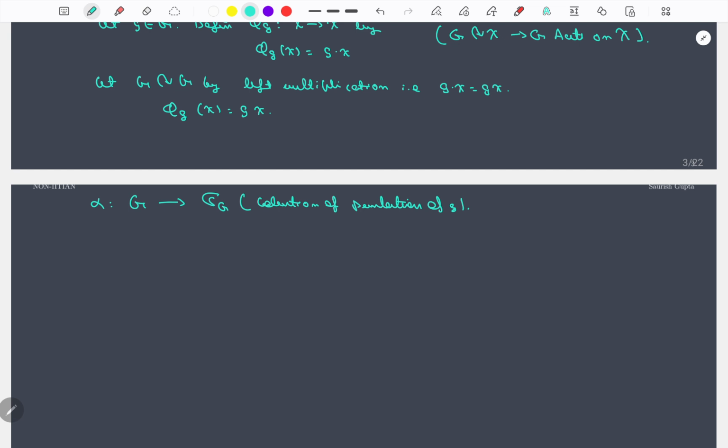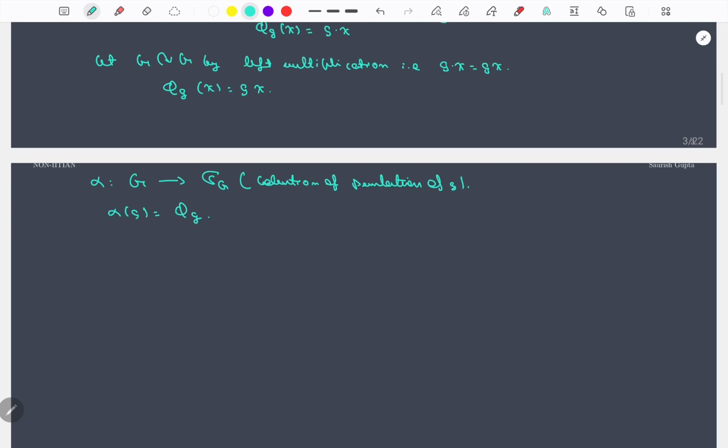Because as you traverse over all the elements G, you will just permute out the elements of G by left multiplying it by each of these elements G from capital G, and you can just take phi of G to be phi G. Now what you can observe from here is the following thing. See, this is typically well defined from the way we have defined it in some sense, right?